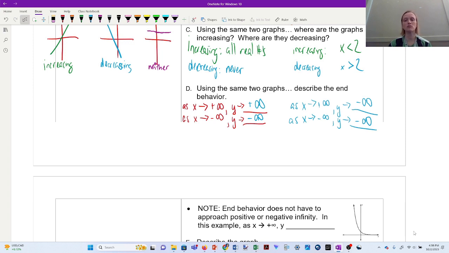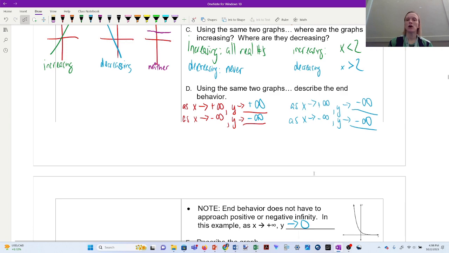But if you look at this direction, as x approaches positive infinity, y is getting smaller and smaller and smaller, but it's approaching zero. Y never actually reaches zero, but it approaches zero. So you can have graphs like this that approach a number instead of approaching infinity.